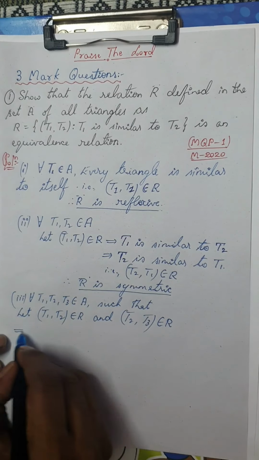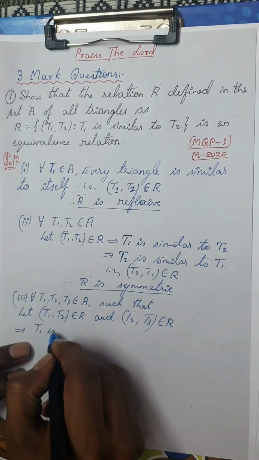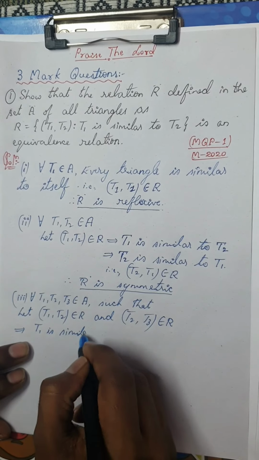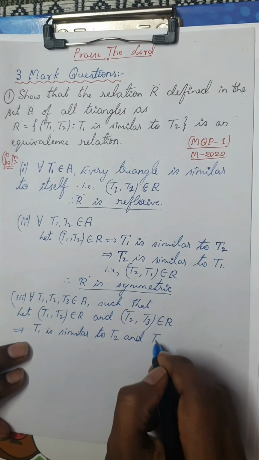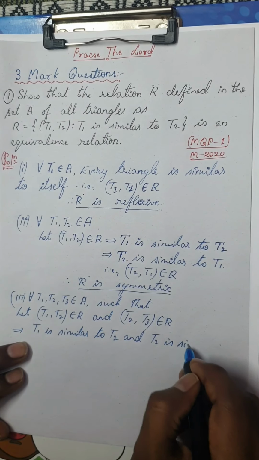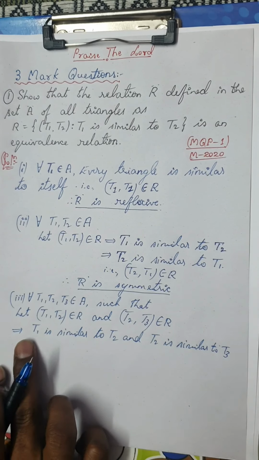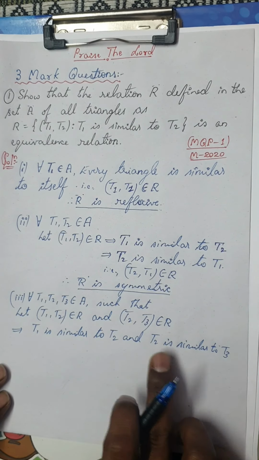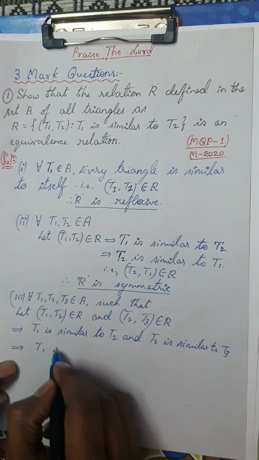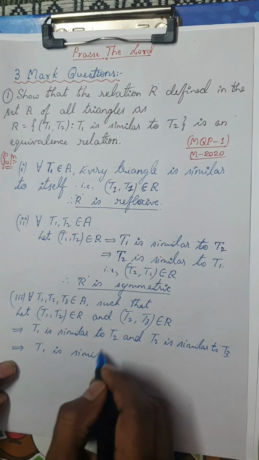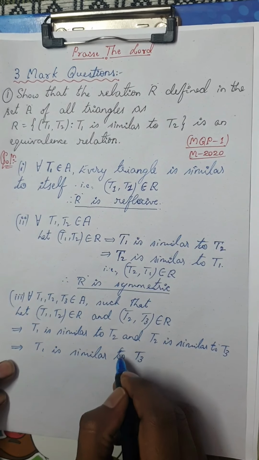This will imply T1 is similar to T2, and T2 is similar to T3. From this I can definitely write T1 is similar to T3. Are you following?